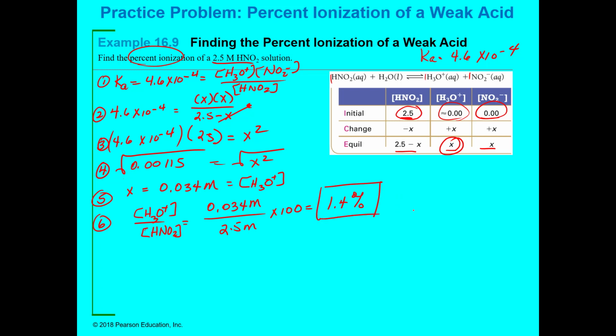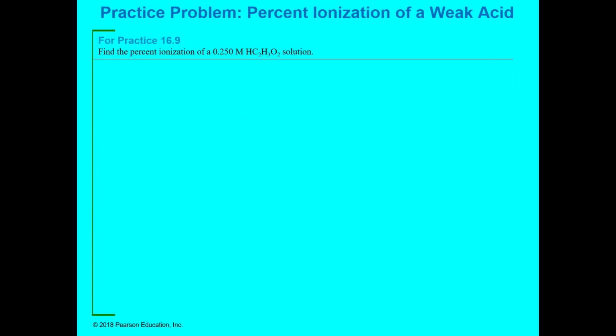So again, we're using these same skills just to figure out what the H3O plus was. It could have just told us what the pH was or something too. And I mean, we could have figured it out that way. So that's why I give you that pH square, because there's more than one way to do this. But 1.4% ionization is what you should get on there. And there's your practice.